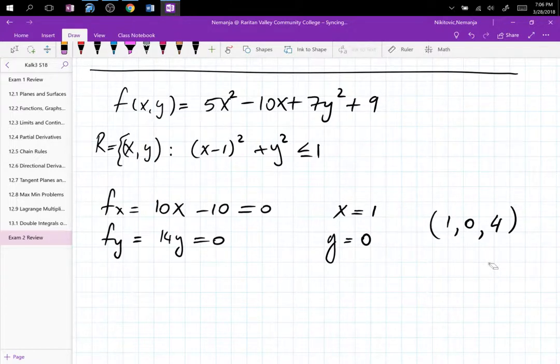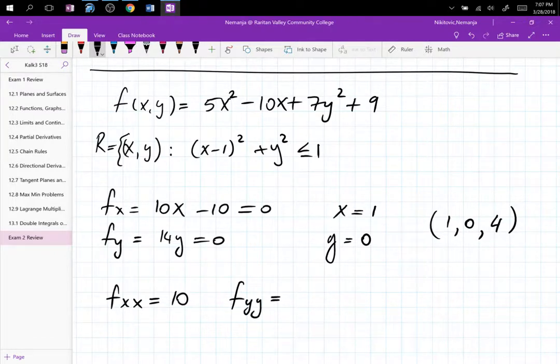And now, what is it? Is it a min, max, or a saddle? Well, calculate fxx first. fxx is 10. Calculate fyy. fyy is 14. Good. And then fxy, 0.